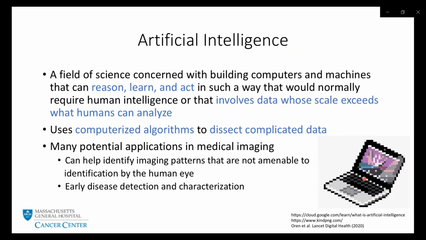In medical imaging, this constellation can be very complicated. What AI does is it can help identify imaging patterns that the human eye cannot identify on its own. And by doing so, AI can potentially help in the early identification and characterization of disease.